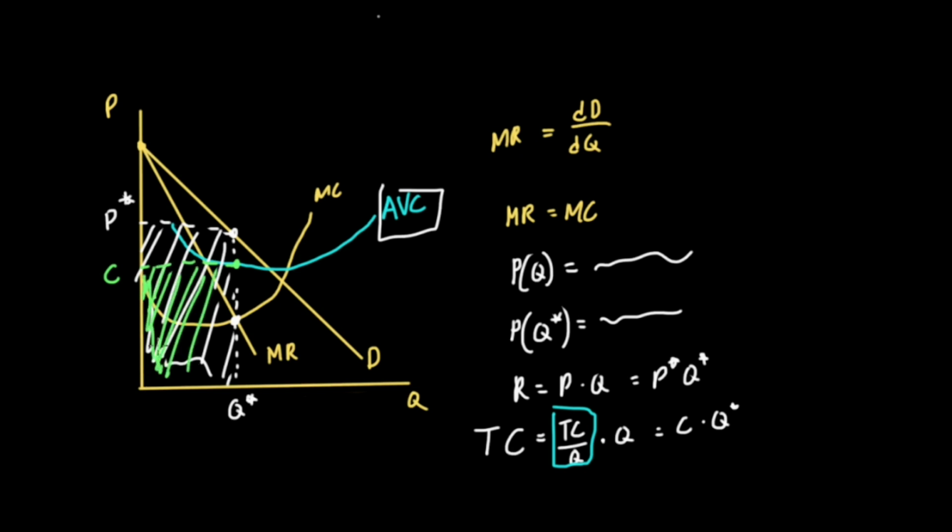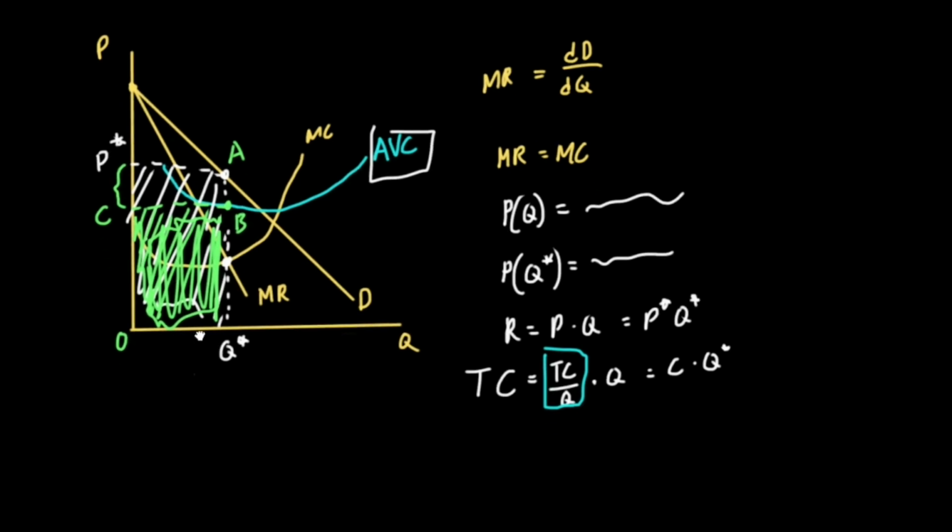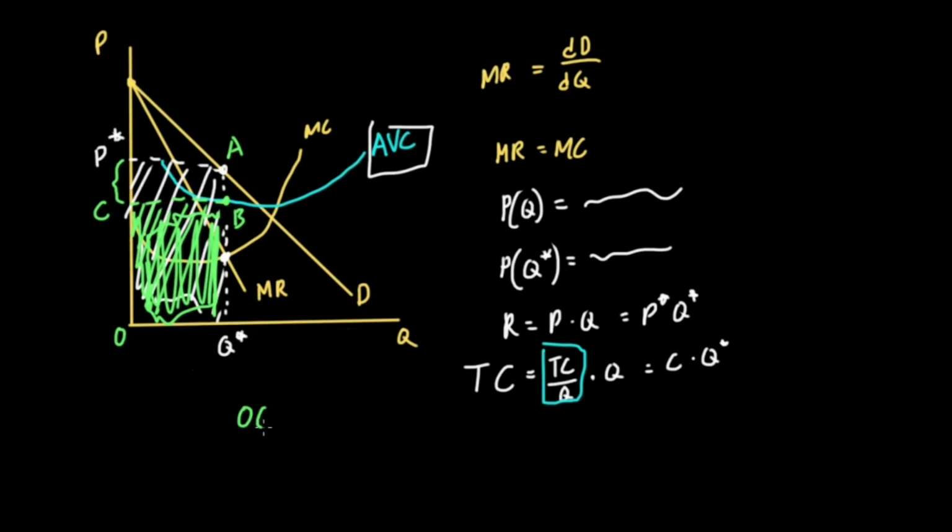It's becoming noticeably more confusing. So the actual profit that the firm gets is this part here, the area between P and C. Actually, let's place a point. Let's label this A, and let's label this B. The cost of the firm is area 0 C B Q star, the rectangle 0 C B Q star.